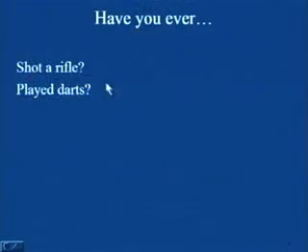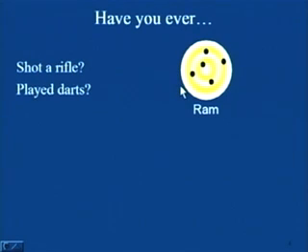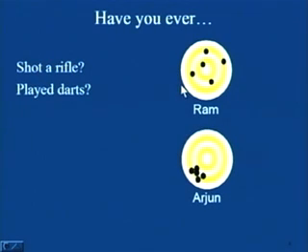Just as an example to build up the concept of variability, I have written some points. Have you ever shot a rifle or played darts? In both games, we have a target and we play darts on this target. These are two persons, Ram and Arjun.